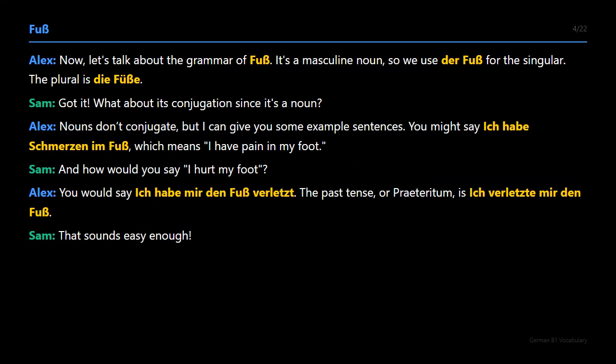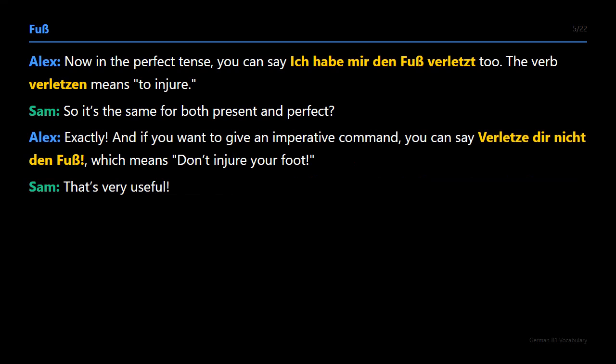You would say, Ich habe mir den Fuß verletzt. The past tense, or Präteritum, is Ich verletzte mir den Fuß. That sounds easy enough. Now in the perfect tense, you can say, Ich habe mir den Fuß verletzt.